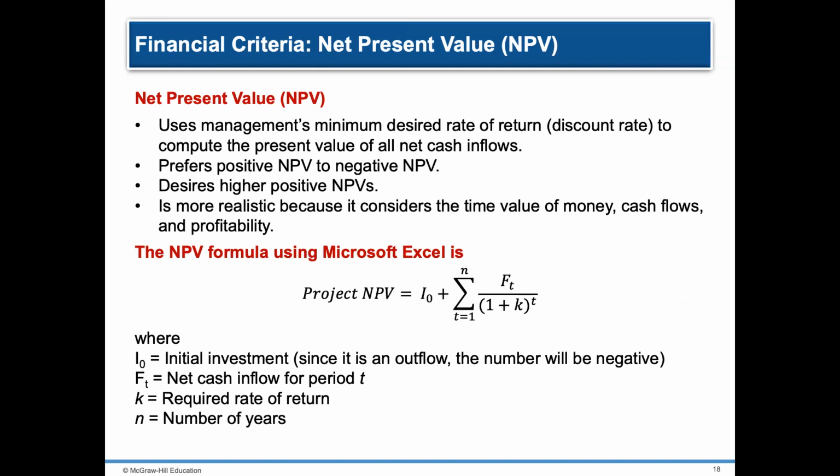Now, what is the formula of NPV in Microsoft Excel? NPV equals the initial investment plus the sum of net cash flows over the time period, discounted at the required rate of return.